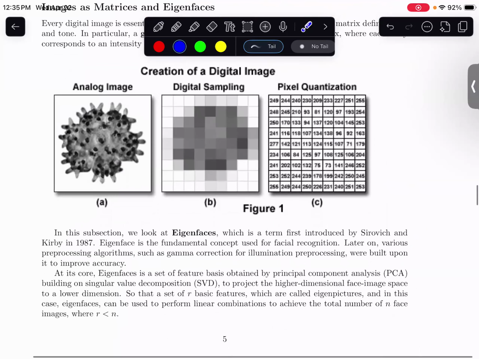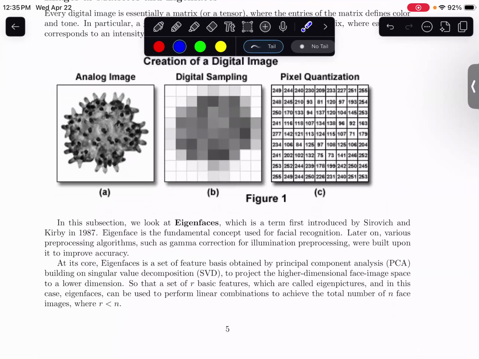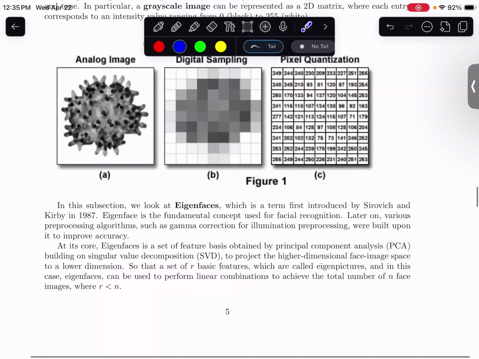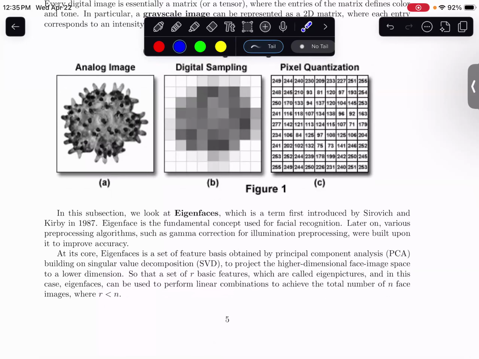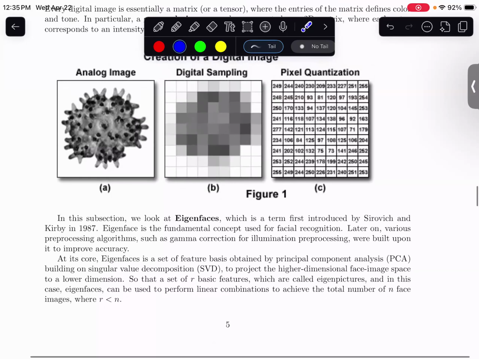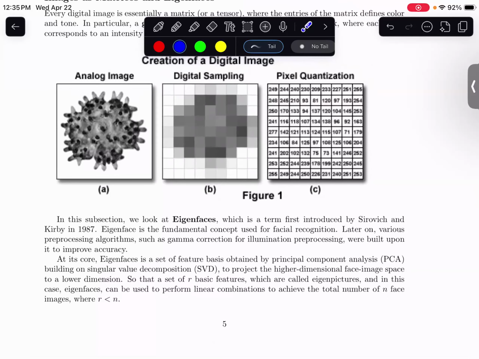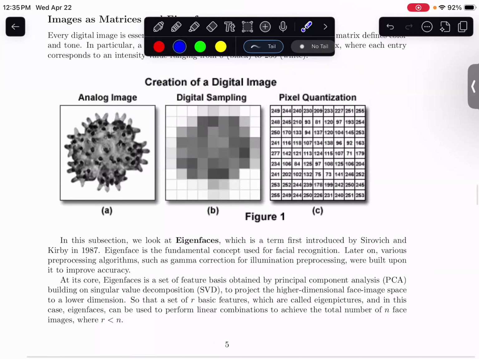The idea behind Eigenfaces is that it uses principal component analysis to take a picture of a person's face, which could be something like 2 million dimensional if it's a really big picture, and reduce it into lower resolution images using singular value decomposition. Then it takes the components that matter the most for recognizing someone's face, and it disregards everything else.